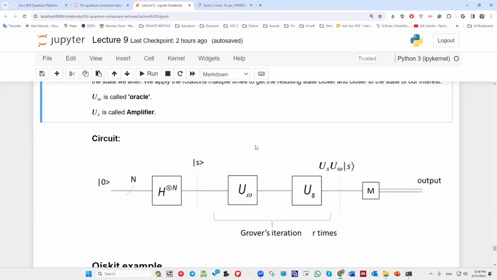And Grover claimed that this can be done using just square root of n iterations. Okay, so it is one run of the circuit, one run of the algorithm, but you apply Grover's iteration a sufficient number of times.